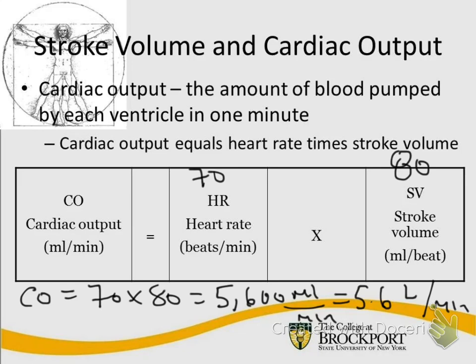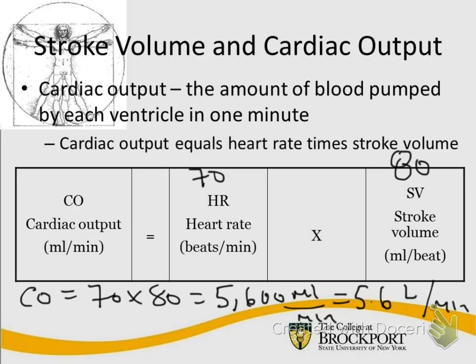Now cardiac output is highly variable and it really depends upon the status of your autonomic nervous system, so your sympathetic and parasympathetic tone. And it also depends upon homeostasis and the call from the tissues for more blood. So when you're doing work, when your tissues are metabolically active, you need more oxygenated blood and cardiac output will increase.